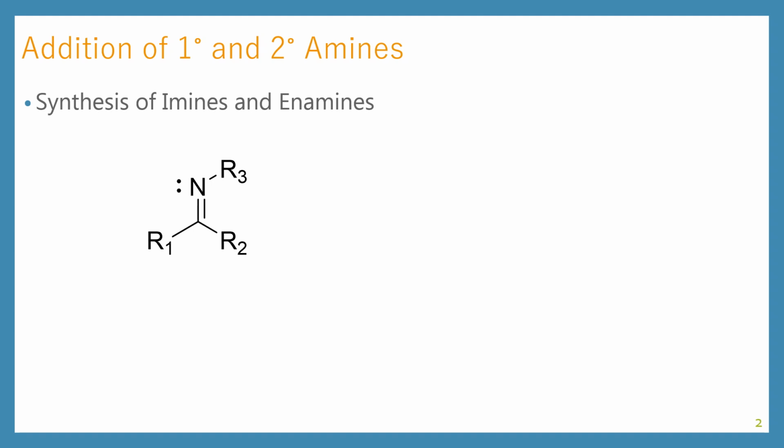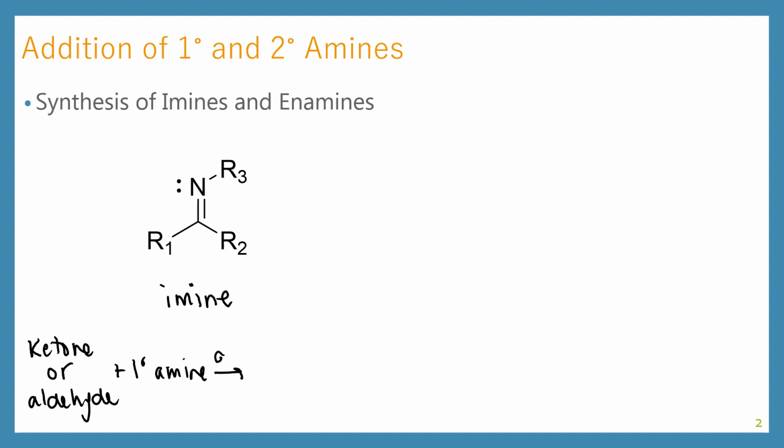So first up we have our imine. An imine is formed when a ketone or aldehyde reacts with a primary amine in acid.